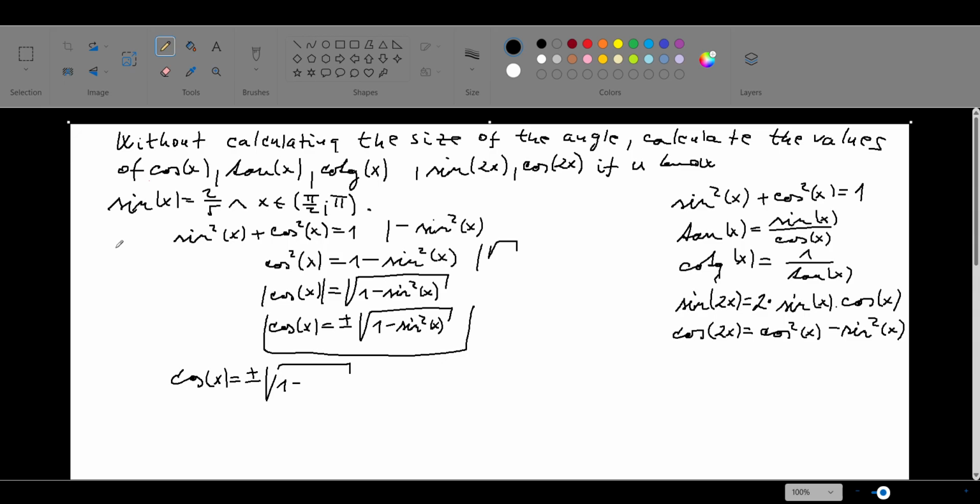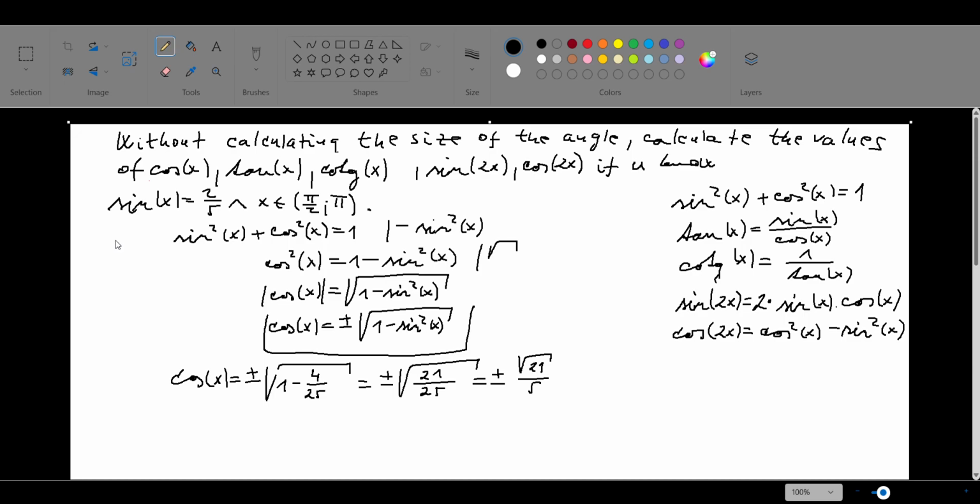If you square it you will get the number 4/25, which means it's plus or minus the square root of, with 25 as the common denominator, 25 minus 4, which is equal to 21. So our value of cosine of x is equal to plus or minus square root of 21 over 5.